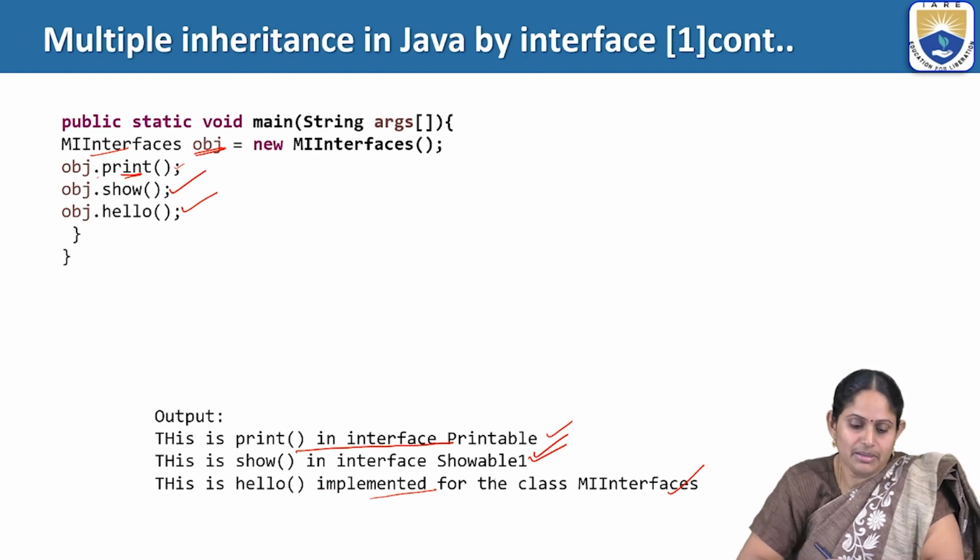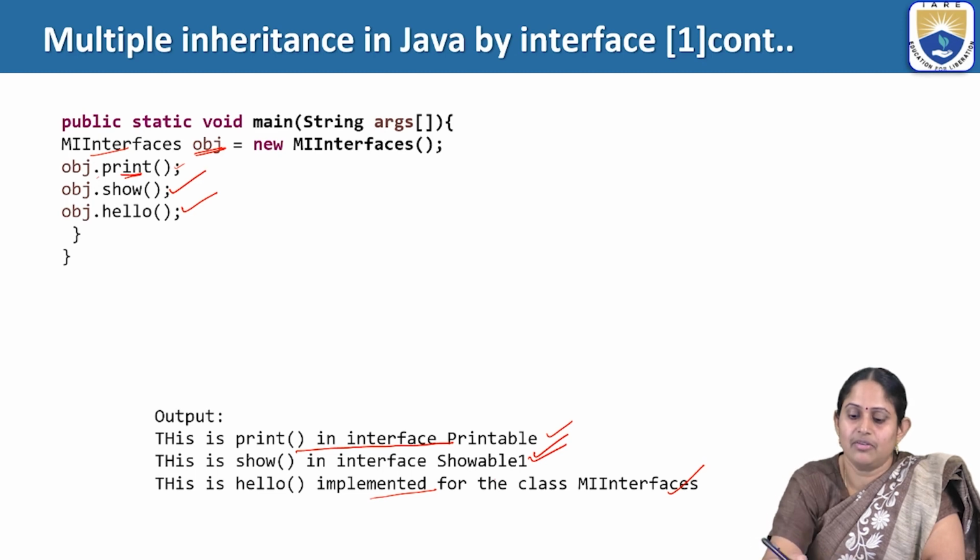So by making use of multiple inheritance using interfaces, Java is solving the diamond problem.